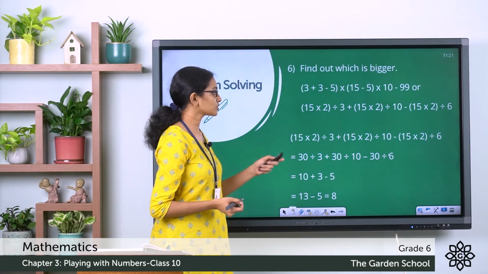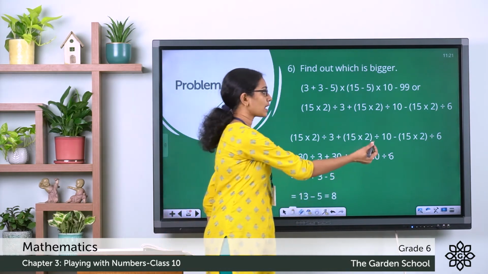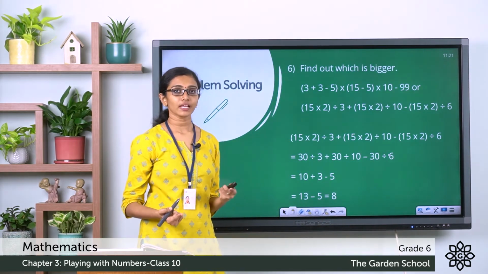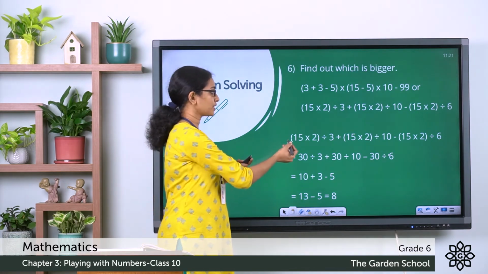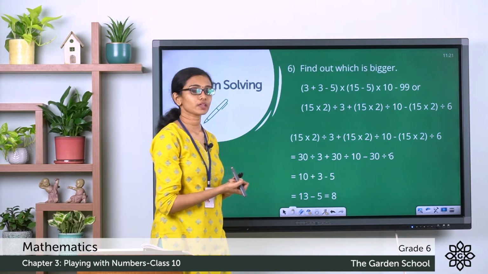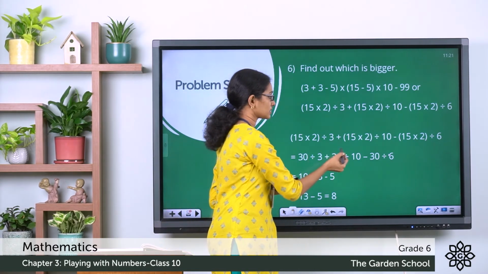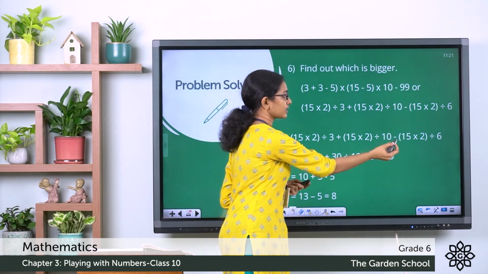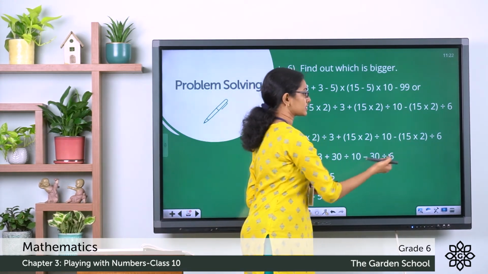It is 15 into 2 divided by 3 plus 15 into 2 divided by 10 minus 15 into 2 divided by 6. So evaluating the operations given within the brackets first. 15 into 2 equal to 30, divide by this 3, then this plus, then 15 into 2, 30, divide by this 10 minus 15 into 2 equal to 30, divide by the 6.